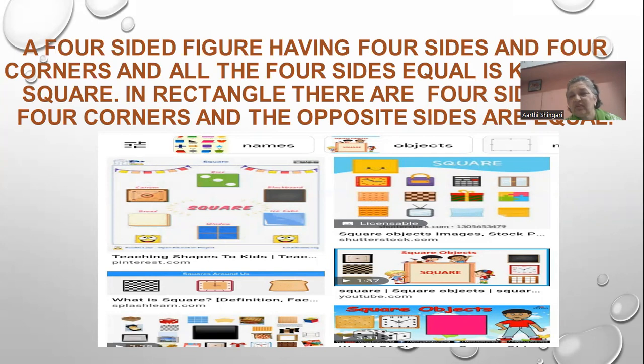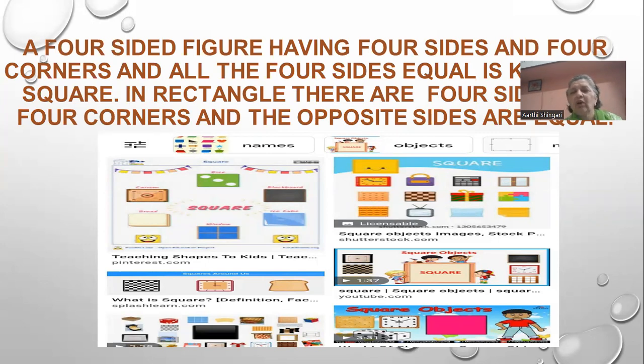That is important, children. But in rectangle, there are four sides, four corners, and here the opposite sides are equal. That means both the pairs of opposite sides. So there are lengths and breadths.